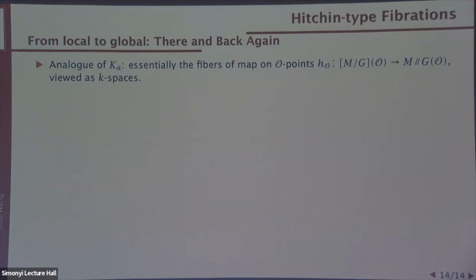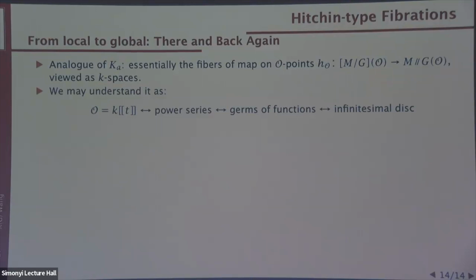So starting from this K_a, what we're really looking at is this map of stacks. Basically, we can look at these O points, where O is the ring of power series. So this K_a is basically the fiber of this map viewed as a map of spaces, and we may understand O as power series, so basically germs of functions, which relate to infinitesimal disks.